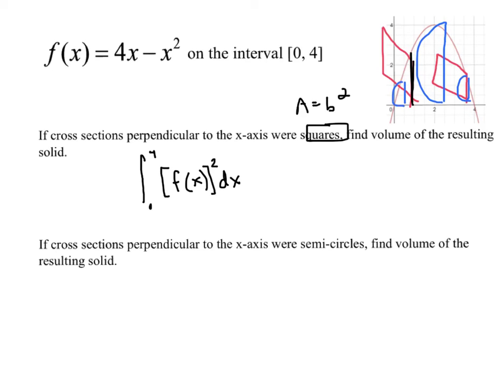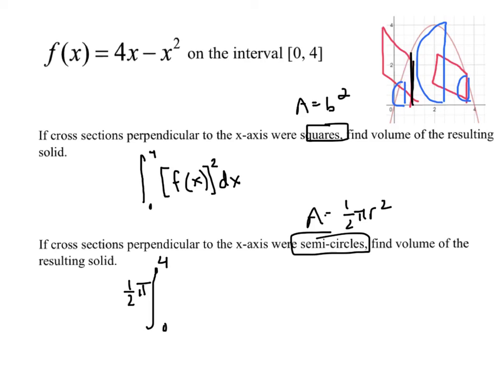Okay. Well, the area of a semicircle is 1/2 pi r squared. So, you know, we go to integrate and we say, well, there's going to be a 1/2 pi out front. It's still going to be 0 to 4. Well, now we need the radius.